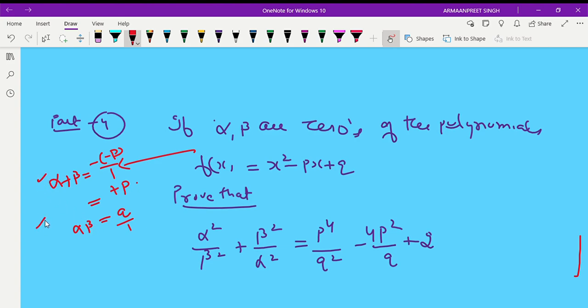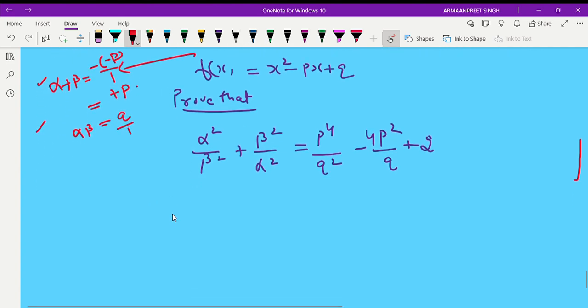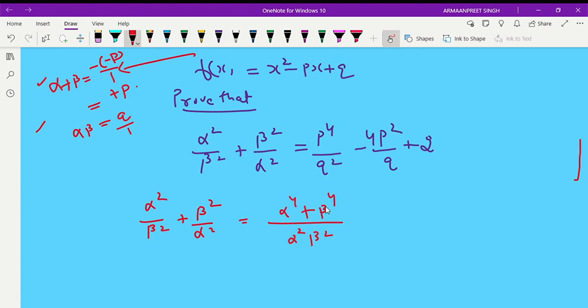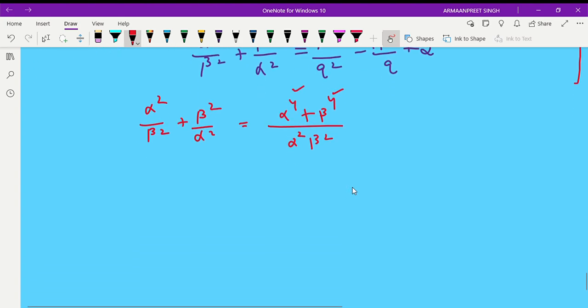So now we want to find the value of this expression, alpha square over beta square plus beta square over alpha square. Take LCM, alpha square plus beta square, and it becomes alpha 4 plus beta 4. Now alpha 4 plus beta 4 are there. So first of all we find the value of alpha 4 plus beta 4.